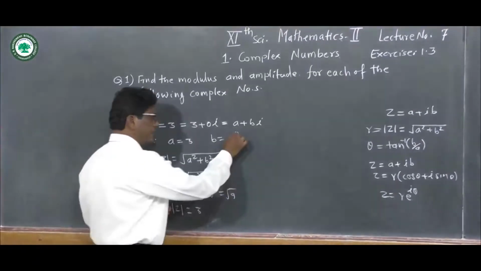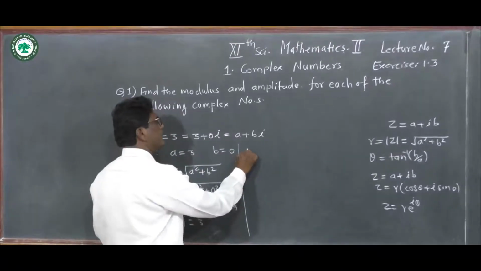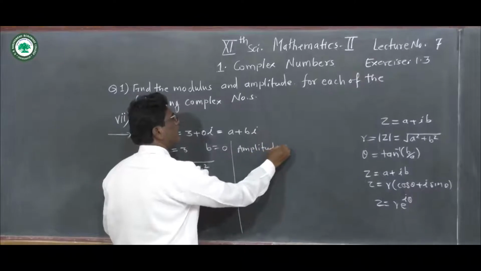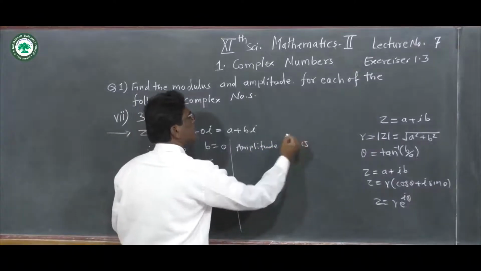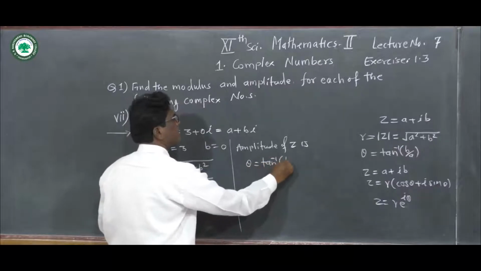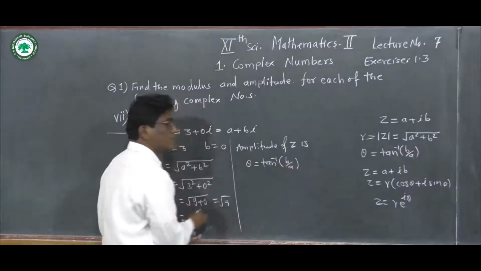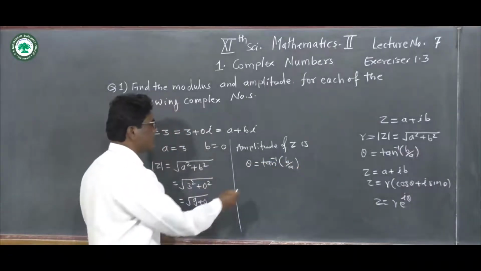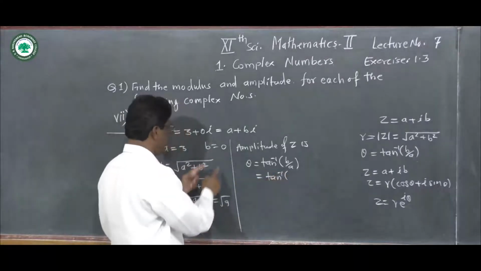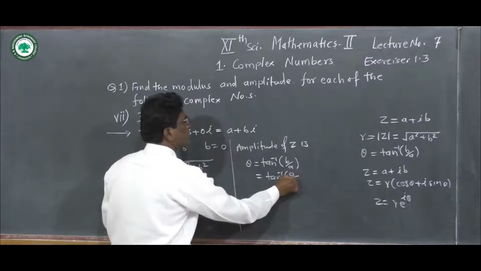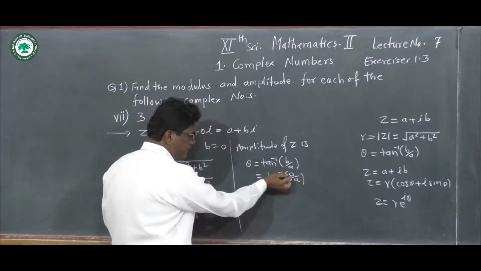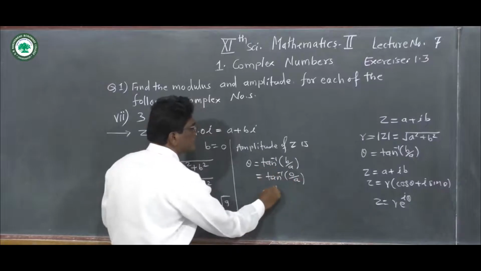Now we want to find the amplitude of z, which is given by theta is equal to tan inverse of b upon a. We use this formula, theta is equal to tan inverse of b upon a. So it is equal to tan inverse of, now put the value of b here, 0 upon a, and 0 upon a, any 0 upon anything is equal to 0.